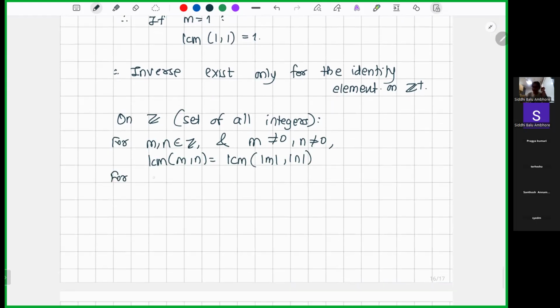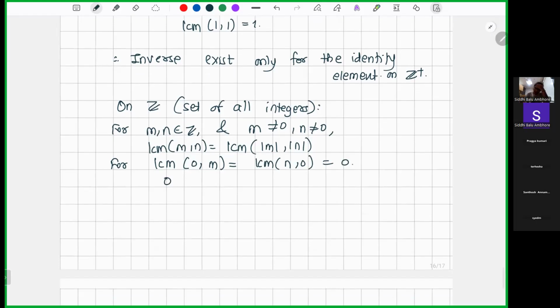But for one of them 0, the LCM of 0 with m is just 0, because see, 0 is 0 times m or 0 times k for all k in Z. And since I'm talking about whole Z, this 0 is also m times 0, right?